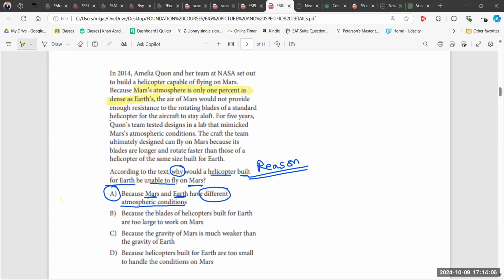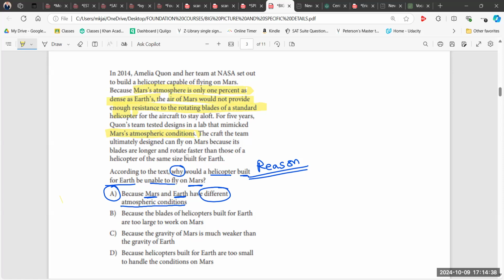The air would not provide enough resistance to the rotating blades of a standard helicopter. So they tested designs for atmospheric conditions. Those are my keywords.